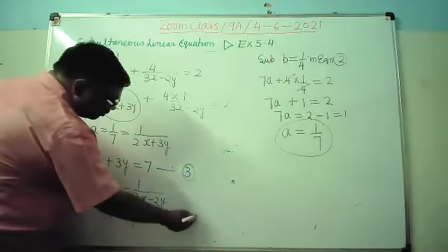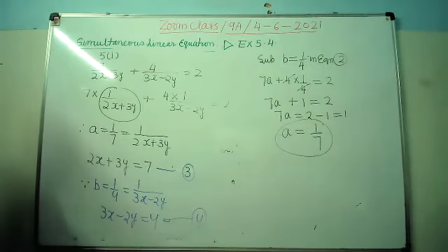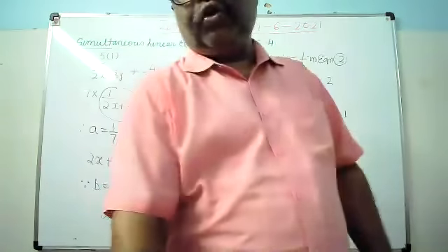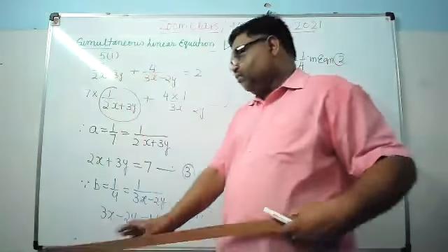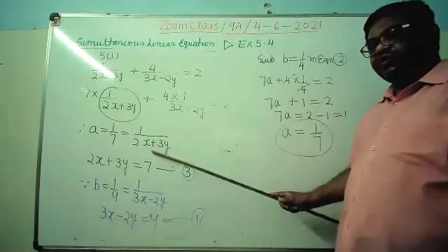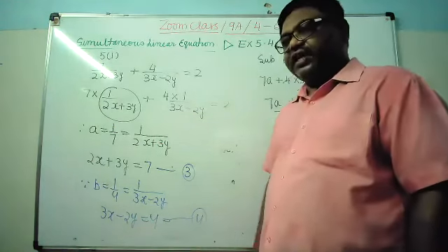This is equation 4. Now listen here. After this, what will you do? You will solve 3 and 4 simultaneously. When you solve 3 and 4 simultaneously, you will get the values of x and y.